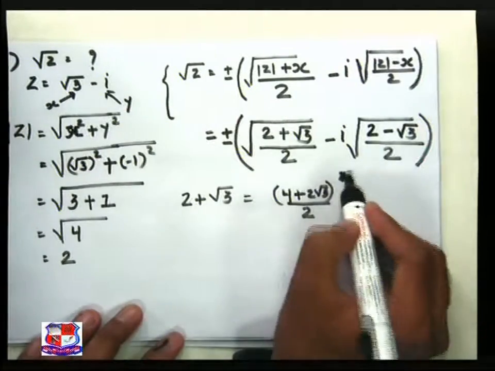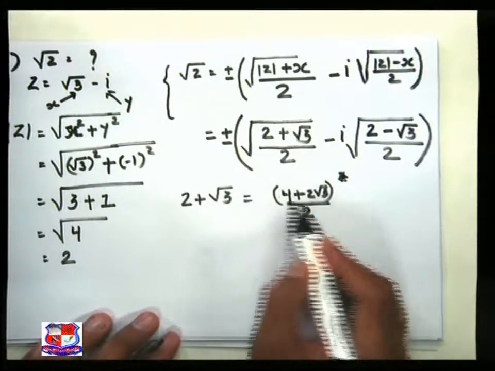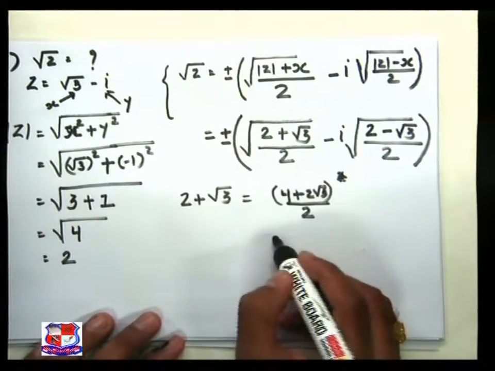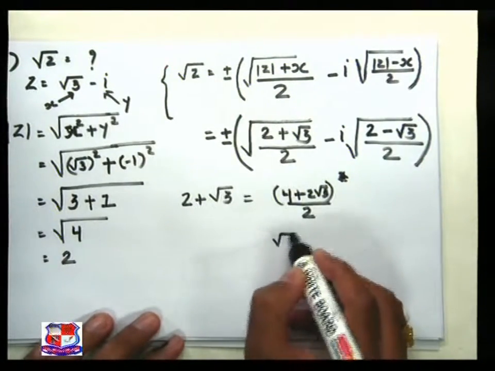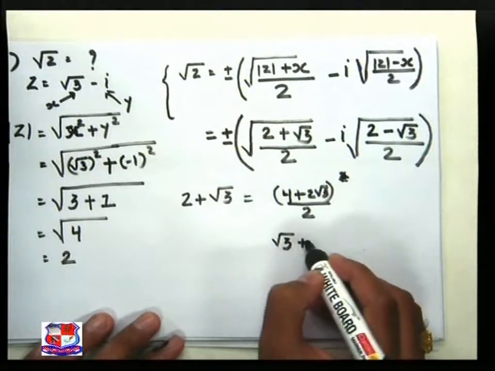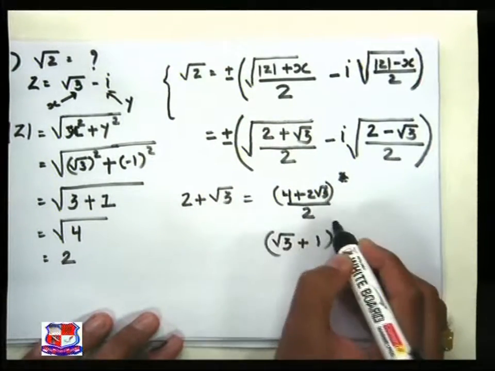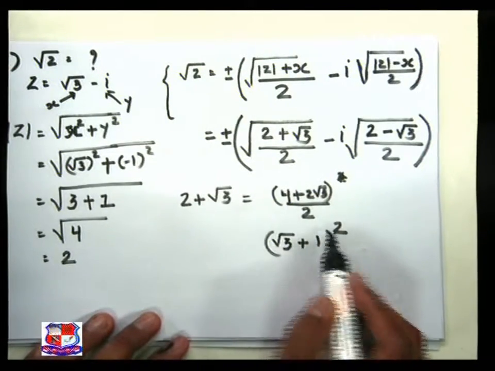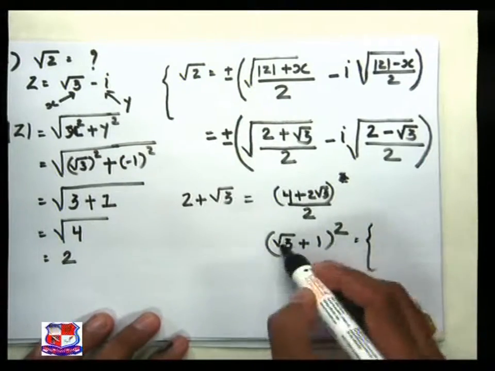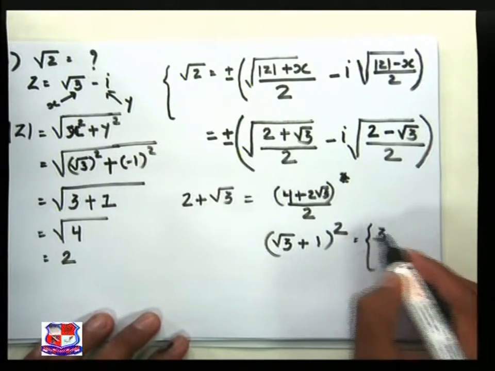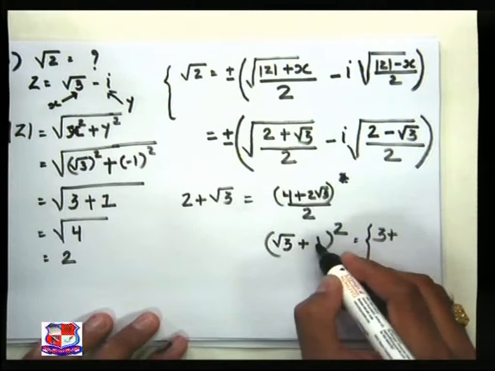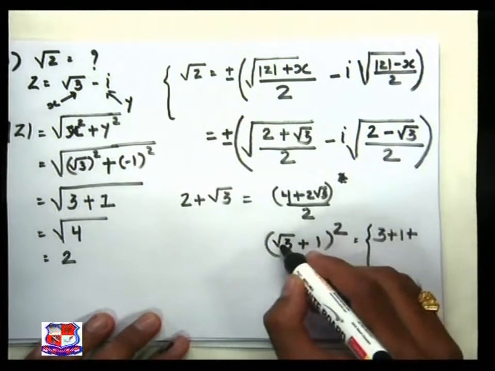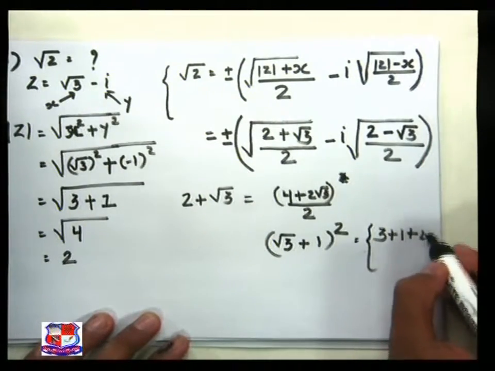Now we want to convert this value into the square of a number. So we can directly write here under root 3 plus 1 whole square. How can we write this? First term square, under root 3 square, that is 3, plus last term square, that is 1, plus 2 into first term into second term, that is 2 under root 3.